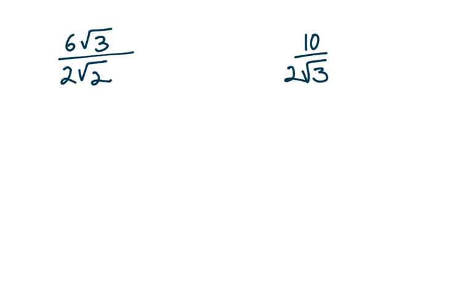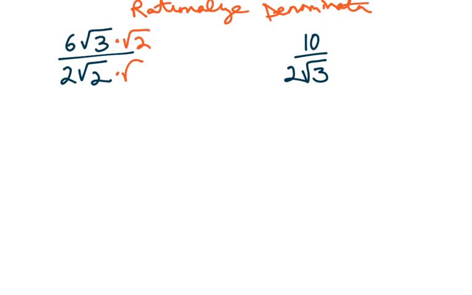All right, so here we have 6 square root of 3 divided by 2 times the square root of 2. So again, the trick here is rationalize the denominator. So we're going to multiply the top and the bottom by square root of 2.